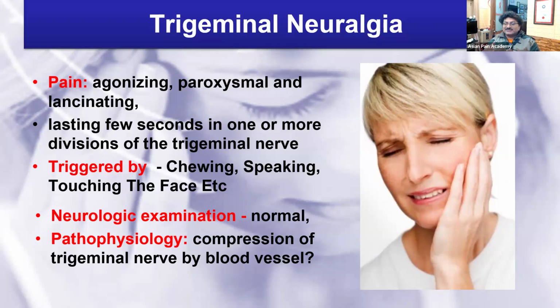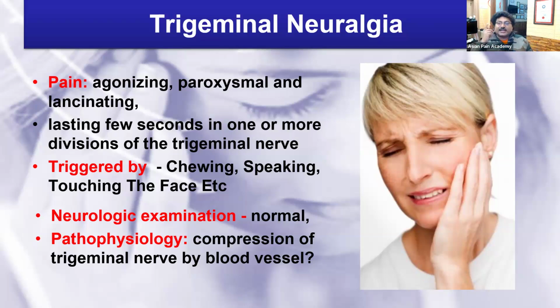But whatever the reason is, the basic pathophysiology in most cases is demyelination, either idiopathic or sometimes the presence of congenital aberrant vessels, which is also considered under idiopathic only. And in those conditions, we see this type of pain.